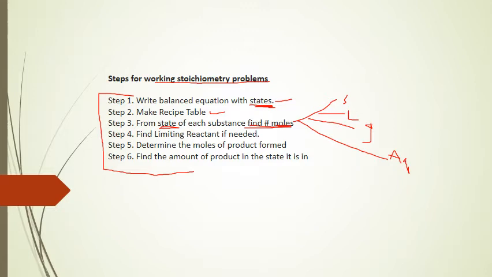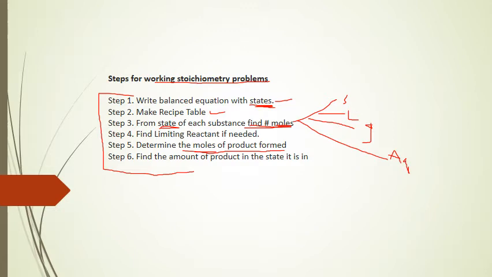Most of these problems will have a limiting reactant. After you determine the limiting reactant, now you can figure out how many moles of product are going to be formed, or whatever's being asked for.